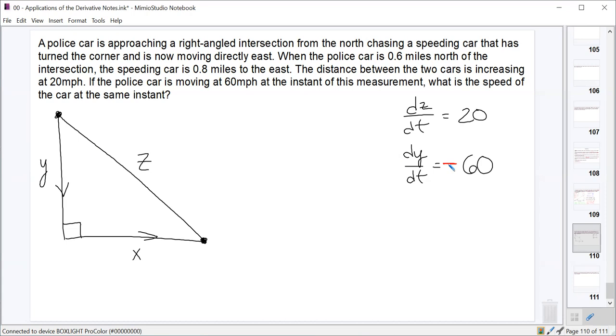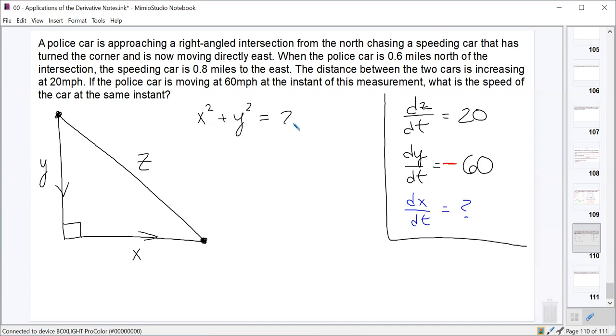And then it's going to ask us here, what is dx/dt? It's asking what is the speed of the other car, that speeding car, at that same instant. So we're looking for dx/dt. So it seems like the easiest way to relate all of our variables here is just using the Pythagorean theorem: x squared plus y squared equals z squared.